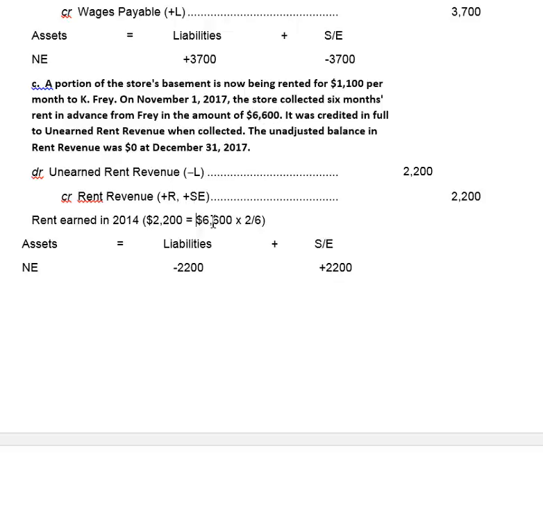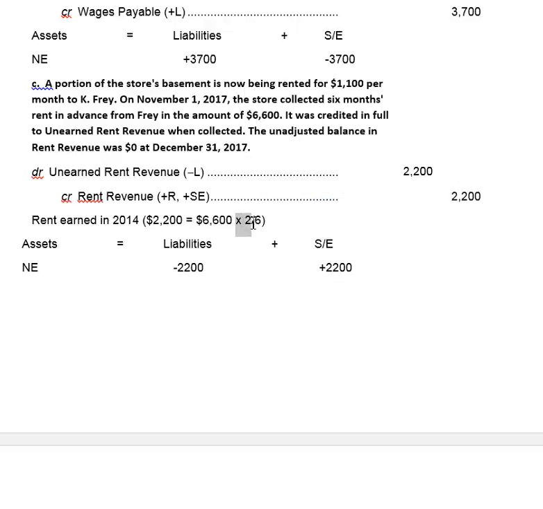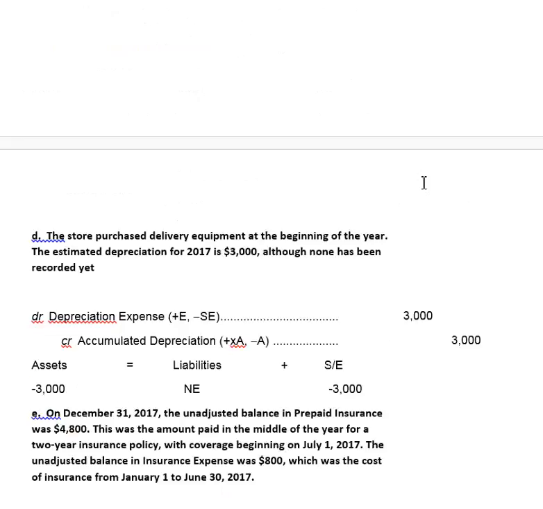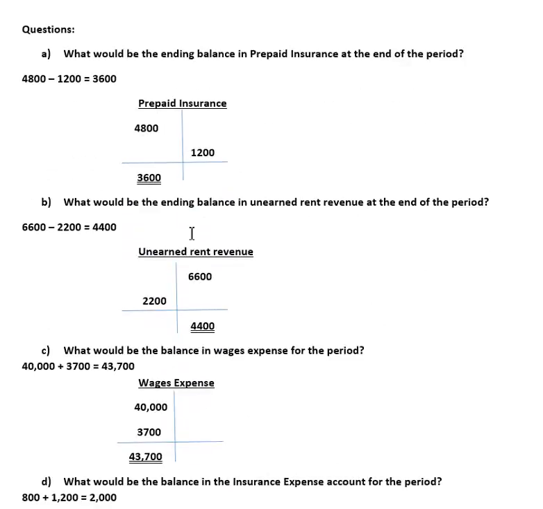So of the $6,600, which was a payment from Fry for 6 months rent, we earned 2 months of it. So we're going to record revenue for ABC of $2,200, and we reduce the unearned rent revenue, the liability, by $2,200. So now, if we had $6,600 in it and we reduced it by $2,200, we would see here that we have $4,400 left in the account.